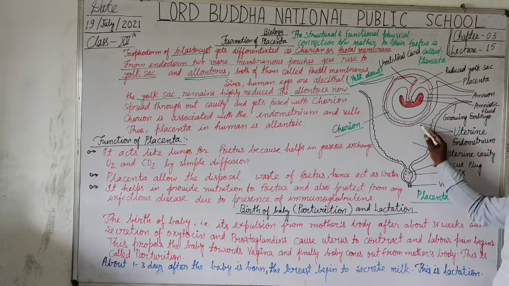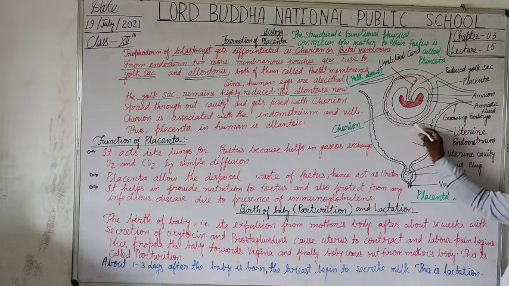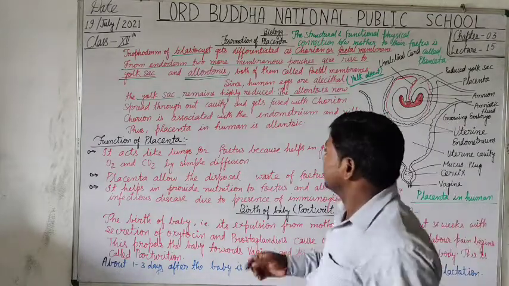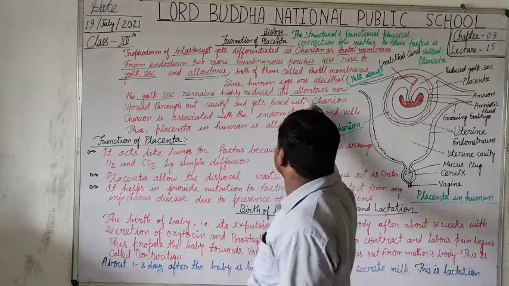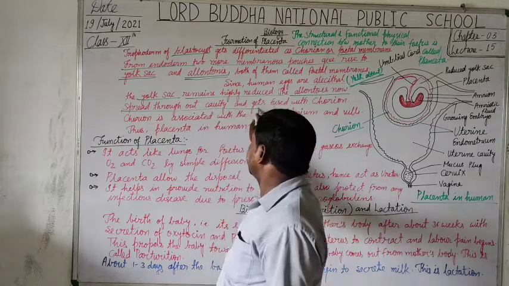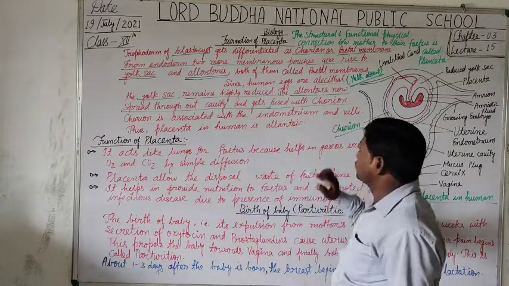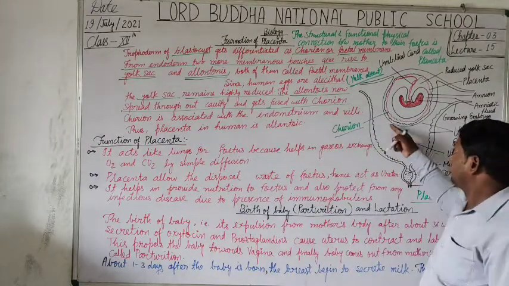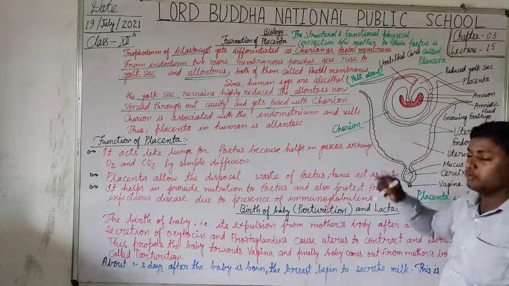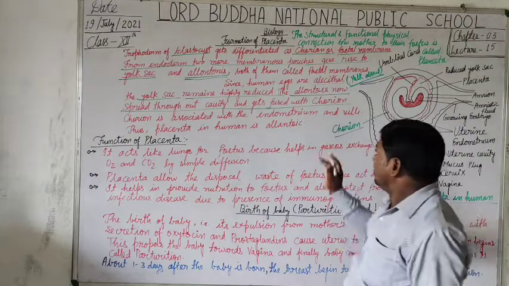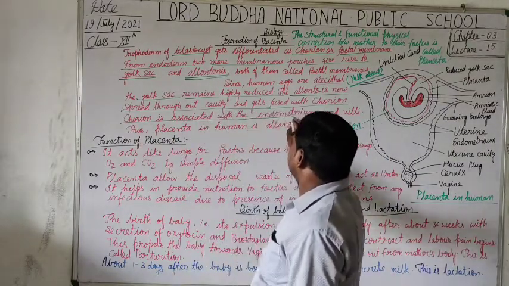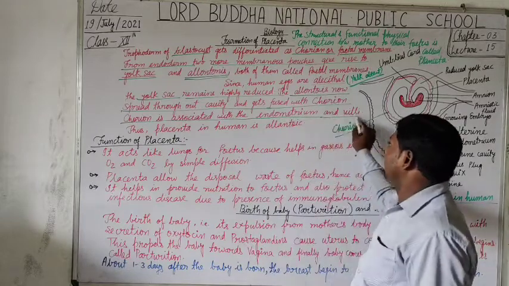Beside the uterine endometrium, the inner two folded structures, that is the allantois, now spread throughout the cavity and get fused with the chorion. As I told you, this collectively forms the chorion. This chorion is associated with the endometrium and villi.